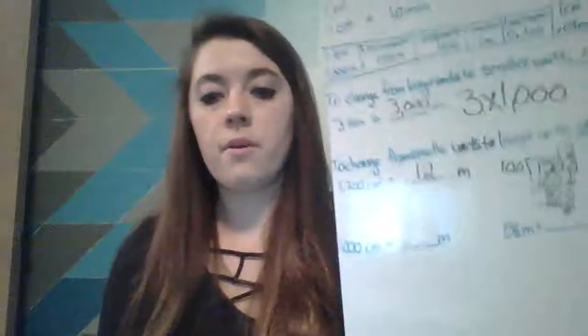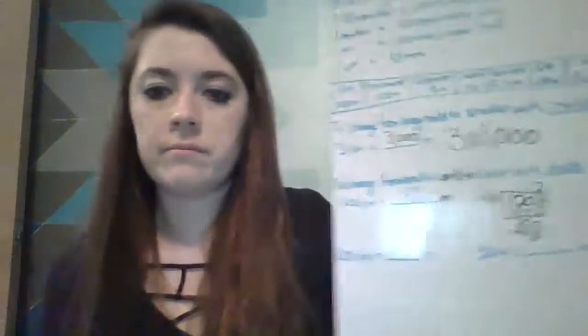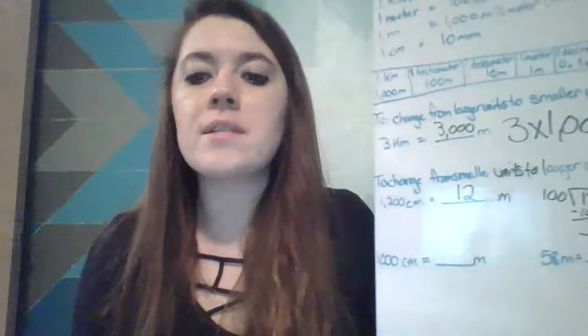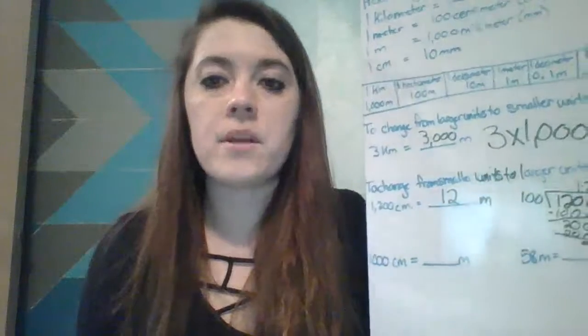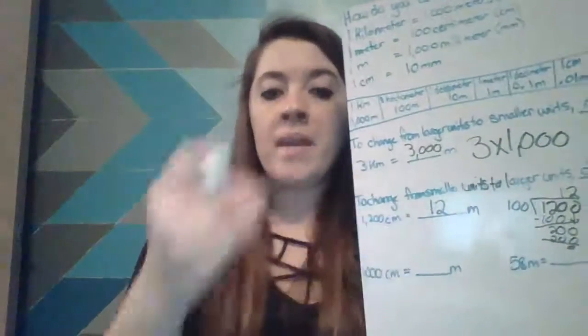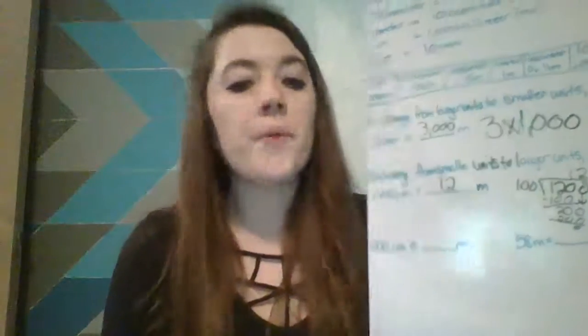All right, now a few for practice. Okay, so 1,000 centimeters equals how many meters? Well, once again, we're dealing with centimeters, which is smaller, to meters, which is larger. So we're going to divide.